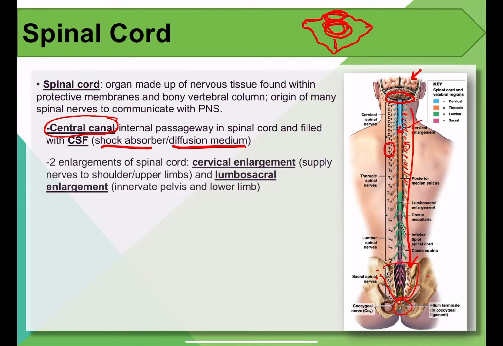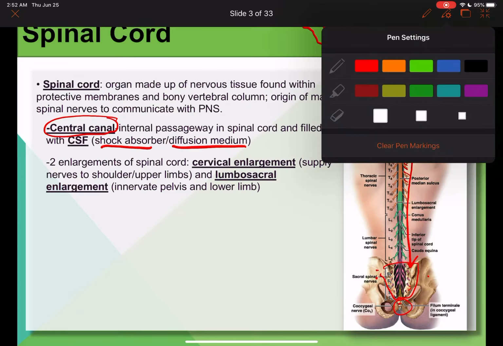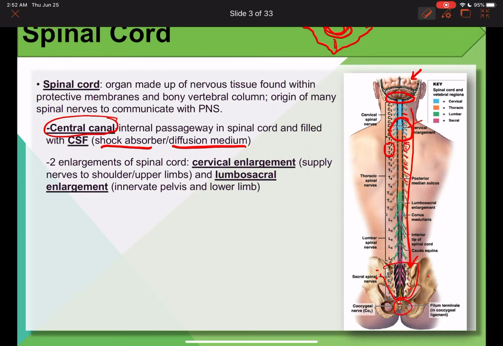Now, there are two areas of enlargement in the spinal cord. One is called the cervical enlargement, which is this portion right here. Let me erase that other arrow, so it's not covering up the cervical enlargement. So that's the cervical enlargement.